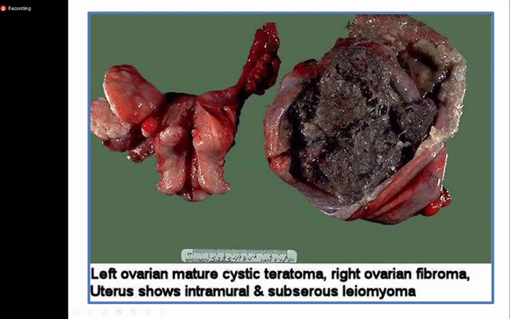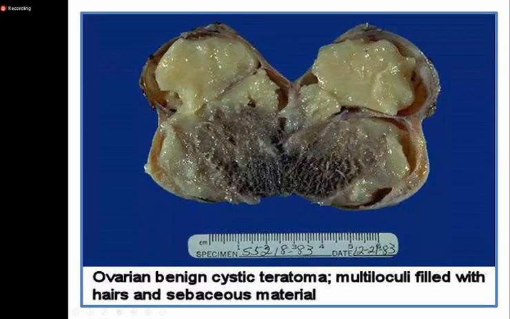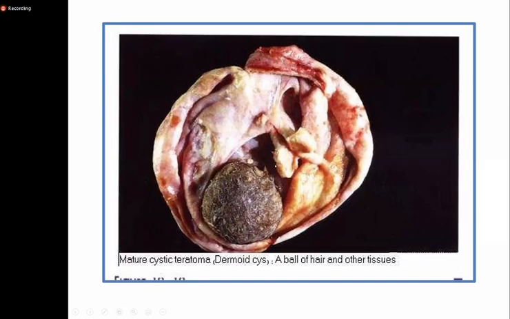And again, benign cystic ovarian teratoma is multiloculated, filled with hair that is matted and with sebaceous material and fat. Another example, mature cystic teratoma or dermoid cyst, a ball of hair and other tissues are the ones that are making the cyst look thick in areas.